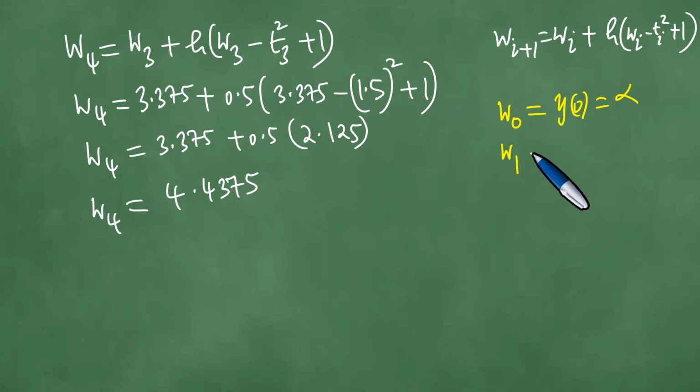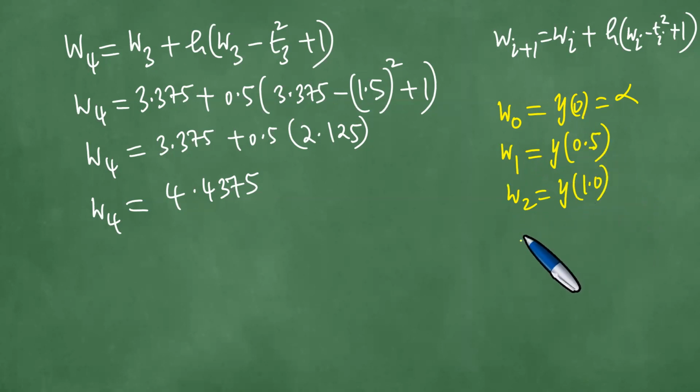Now W1 occurs with just one step more, adding H to the initial value, so we get 0.5. Then we have W2, we add H again, which is exactly 1.0, maintaining the decimal digits there. Then W3, you add again the H to the 1.0, getting 1.5.